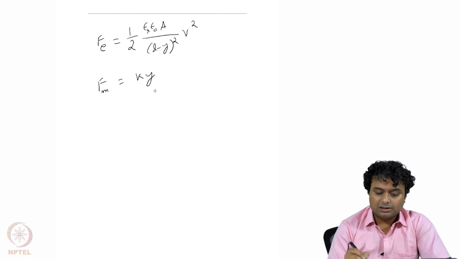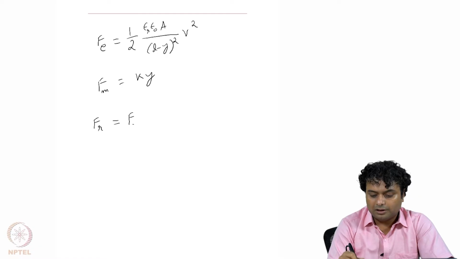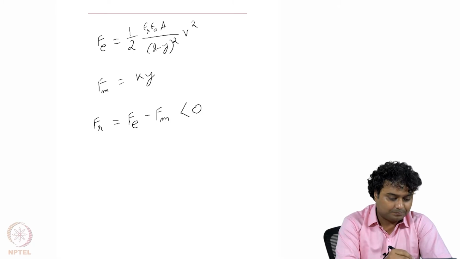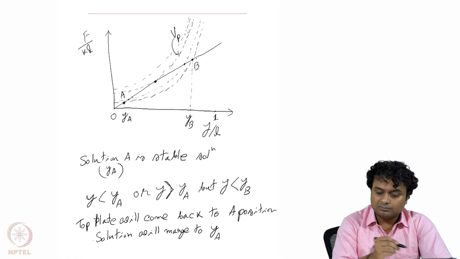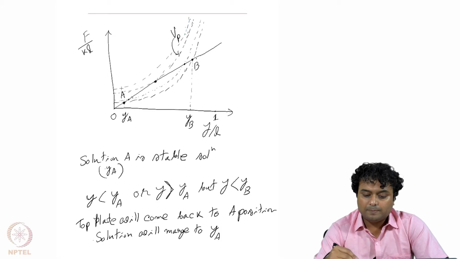The resultant force, let us say Fr, equal to F electrical force minus F mechanical force, will be less than 0, because if we go to the previous graph, for the topmost curve, the electric force is always higher than the mechanical force.